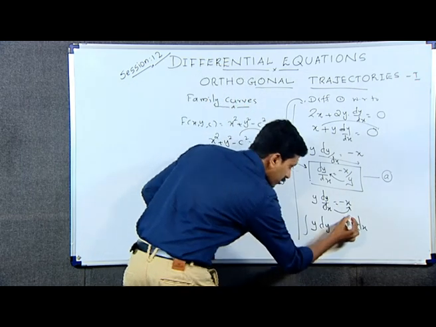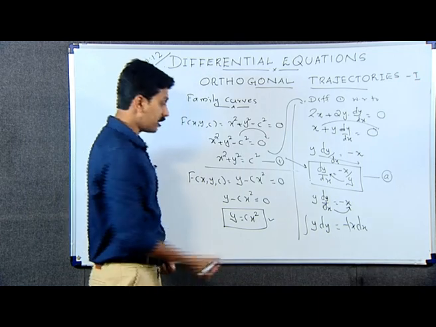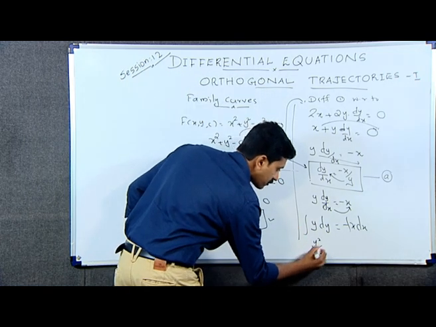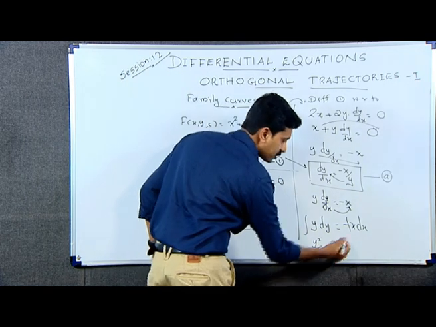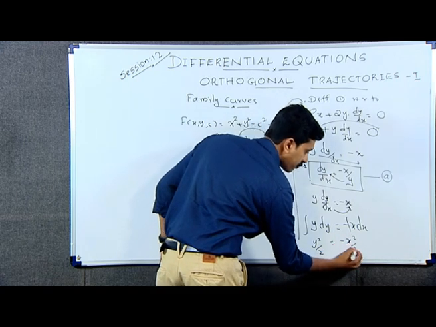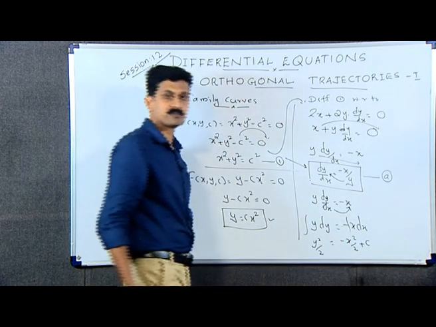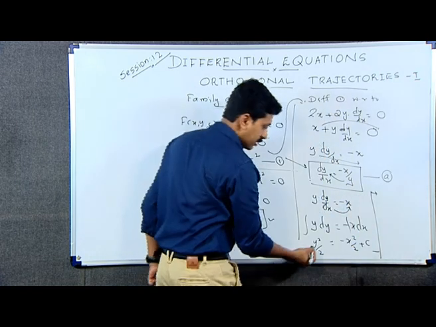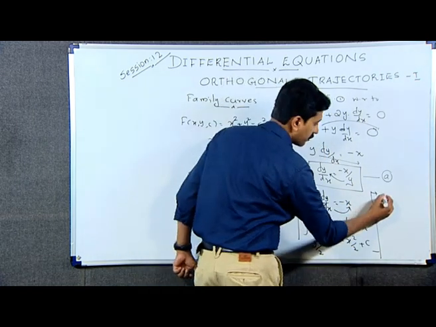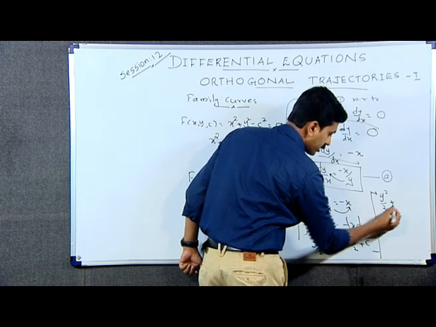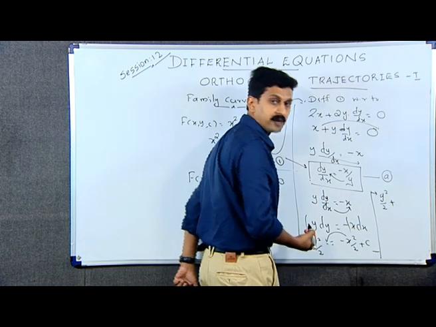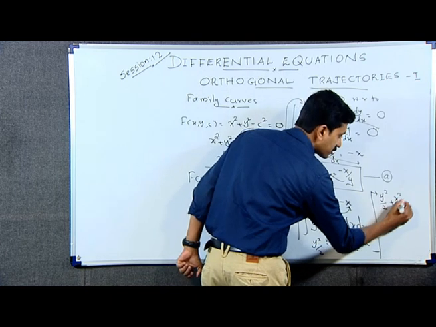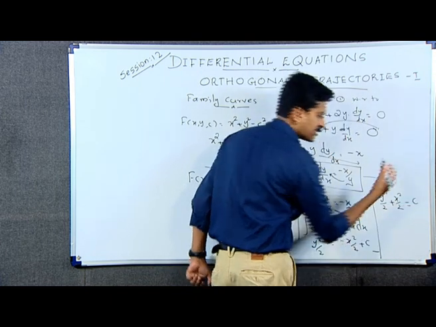While integrating on both sides, what will happen? The integral of y dy is y square by 2 and this is equal to minus x square by 2 plus c. From here we can understand that, taking minus x square by 2 to the left side, y square by 2 plus x square by 2 equal to c.